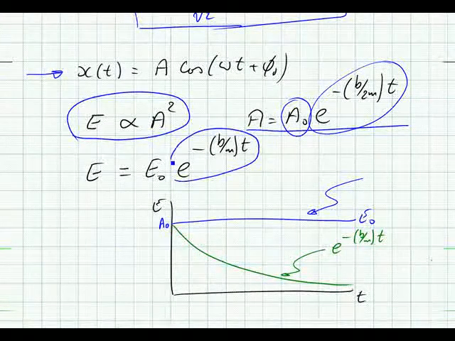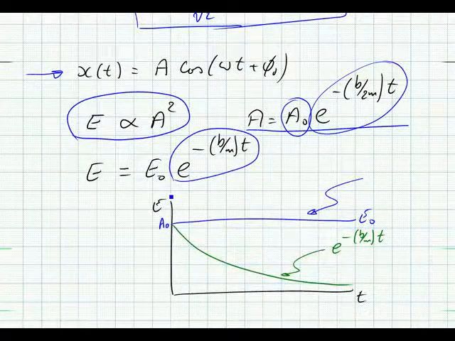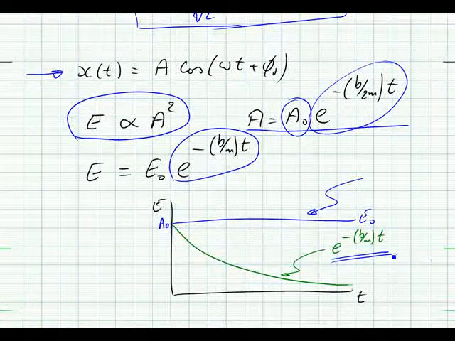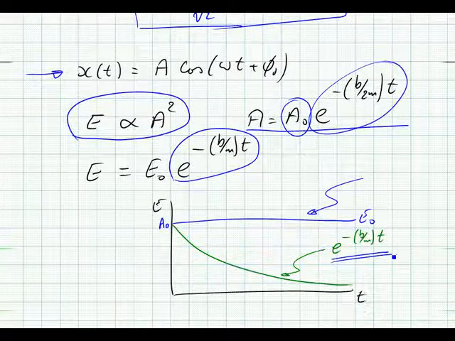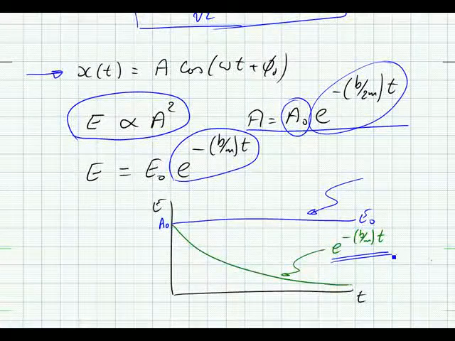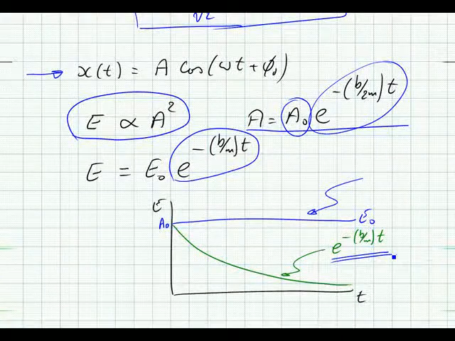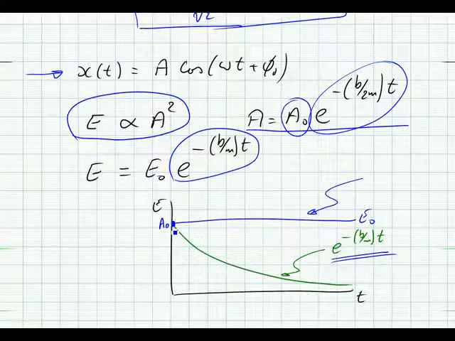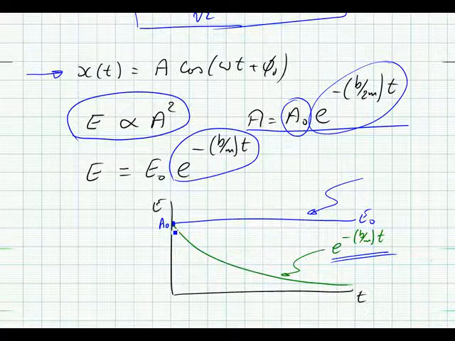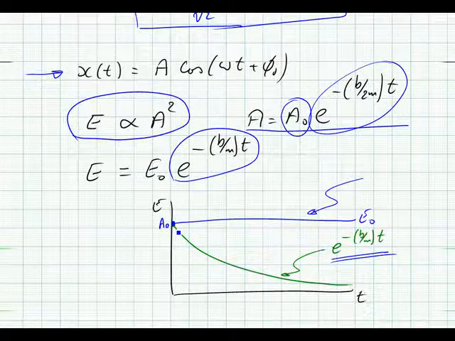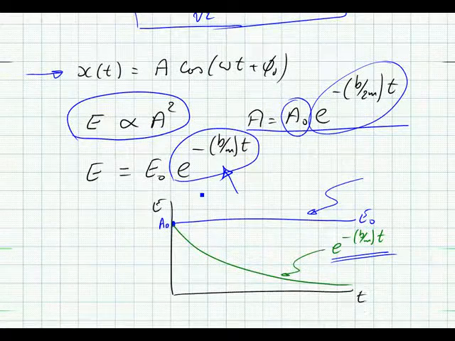So it will be given by this green line with an exponential decay term with the damping factor b as the argument. So the energy of a simple harmonic oscillator with damping starts at the initial value, but then decays exponentially over time as prescribed by this exponential decay term.